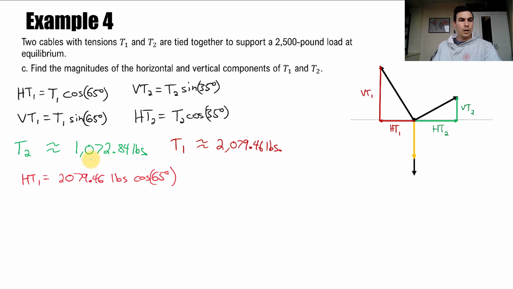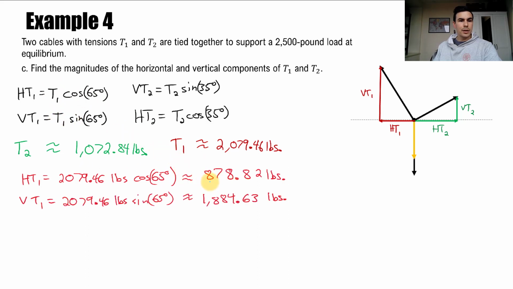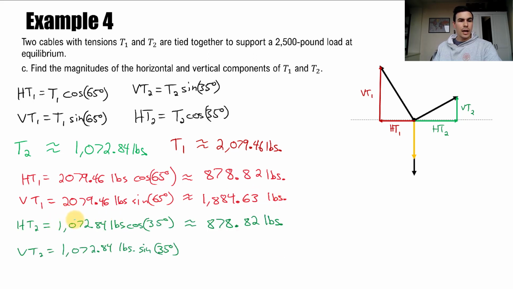Plugging my T1 into my T1 equations, I get 878.82 pounds for the horizontal tension, and 1884.63 pounds for the vertical tension. And for the horizontal equation of T2, I get 878.82 and 615.36 pounds for the vertical component of T2.